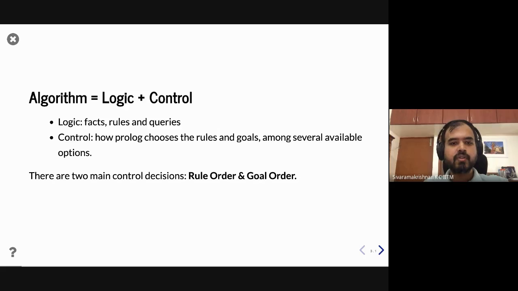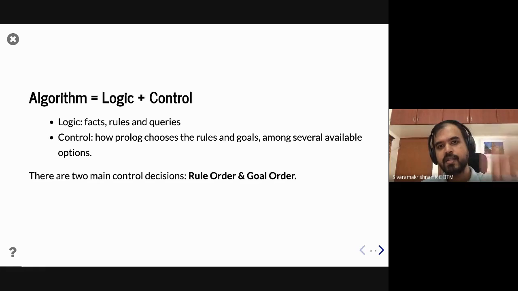Okay, so as I mentioned previously, in a Prolog program you have logic, which is how we express the program, and you have control, which is how Prolog chooses the rules and goals. As I mentioned in the first or second lecture, there are several options for picking the rules and goals.